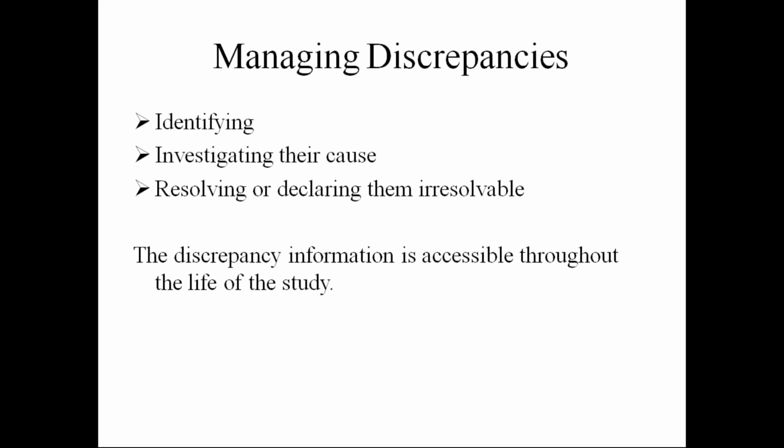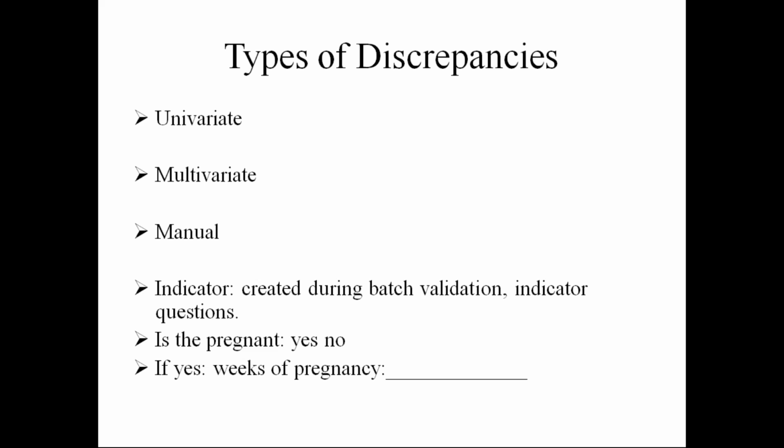Okay, so these are all the steps: identifying the reason, then resolving it. You know, univariate and multivariate. Let us understand the indicator discrepancy.